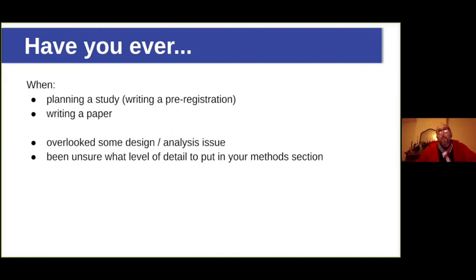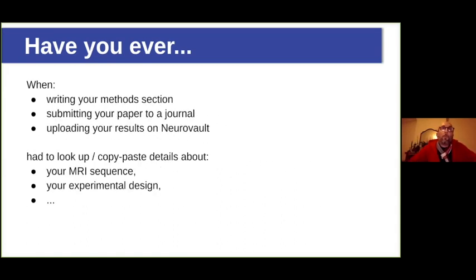That is usually the case the first time you write a paper, as a PhD student for example. You've never done that before, and you have very little guidance, and you're not sure how to go about this.